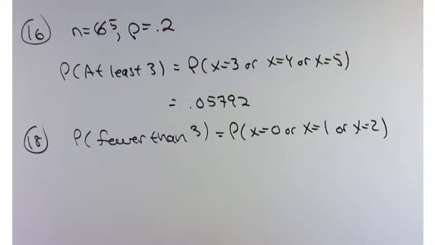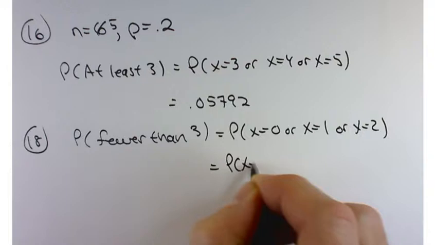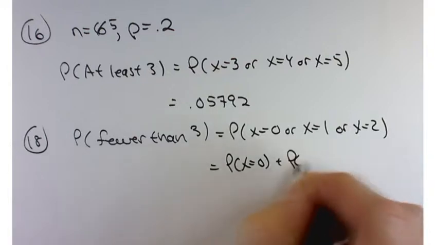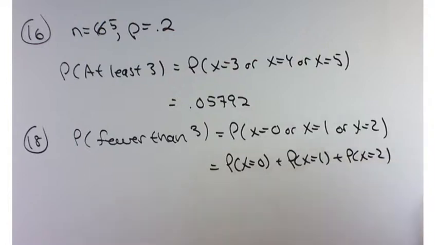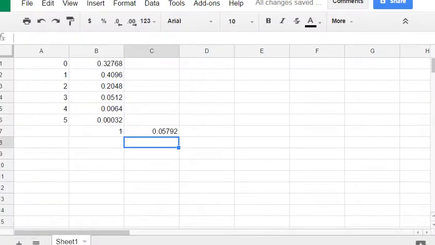And again, what's nice for us is that you can just do that. I mean, you just add up probability that x equals 0 plus probability that x equals 1 plus probability that x equals 2. We've already got those on Google Sheets. We can split that up because these events are disjoint. So let me just clear this out.